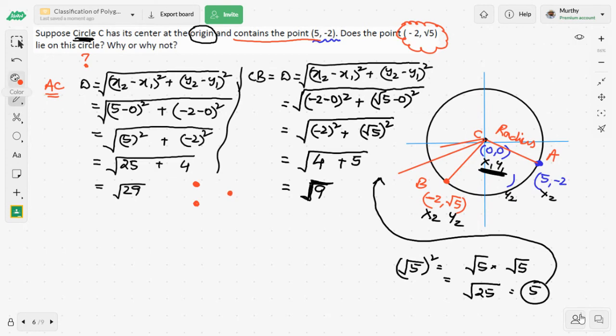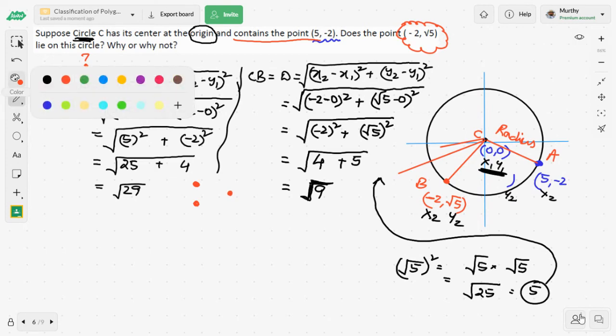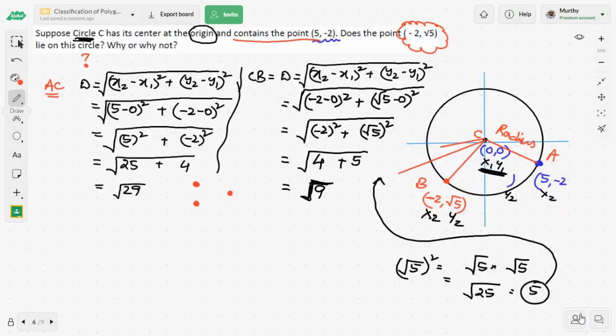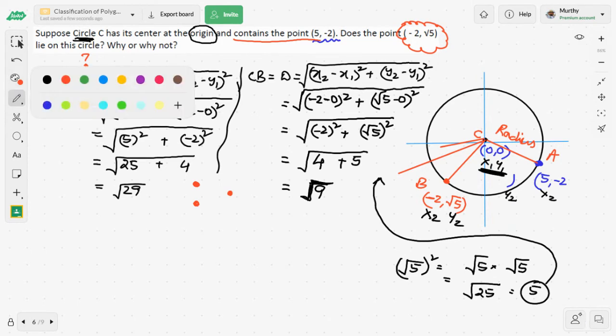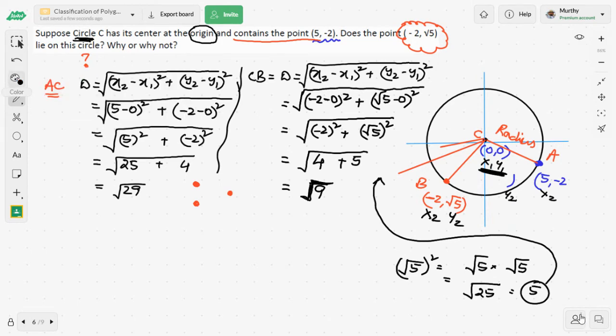Square root of 9 is the smaller. This is how I compare. Therefore, let me join these points, then I get that square root of 29 is longer than square root of 9.